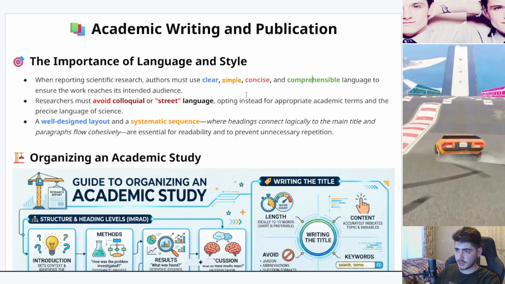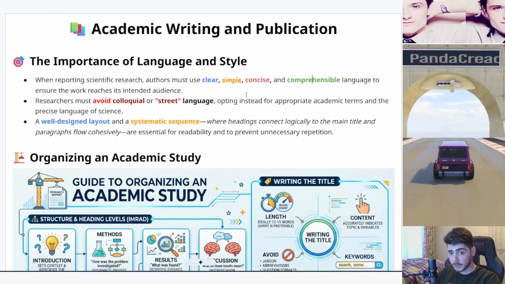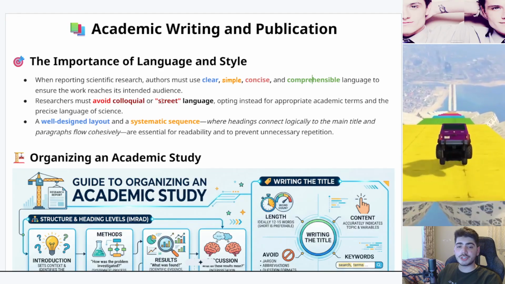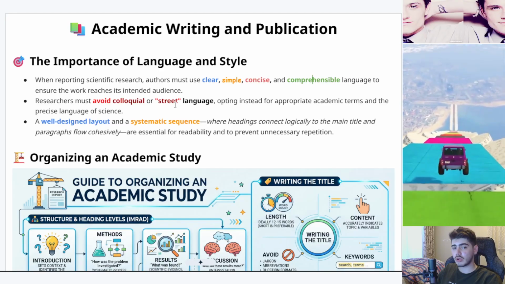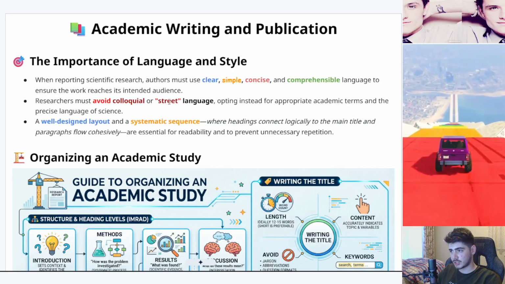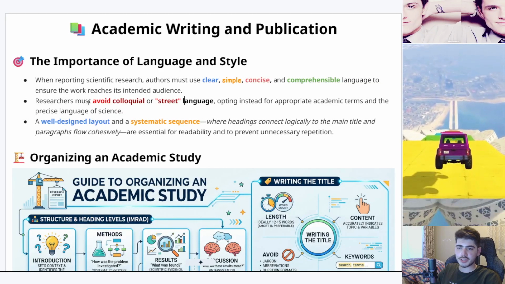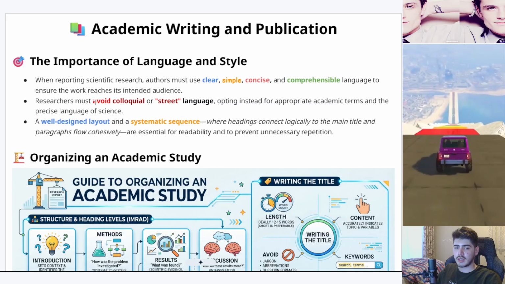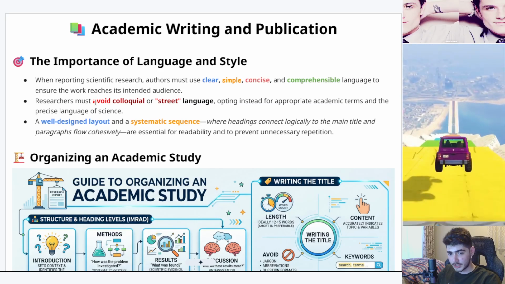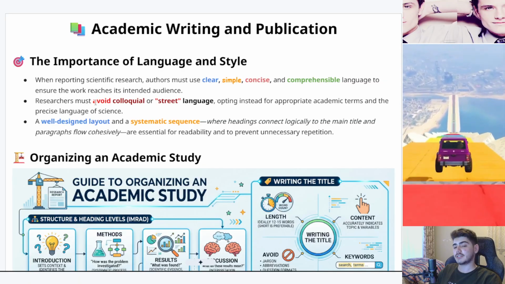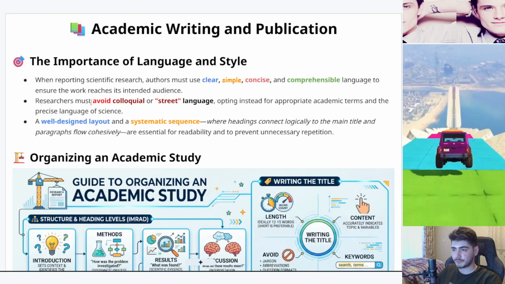The second thing that you must avoid is colloquial or street language, as we call it. So I'm guessing colloquial means street language. You must absolutely avoid this because you're trying to be professional. You're trying to use appropriate academic terms and the language of science, of course.